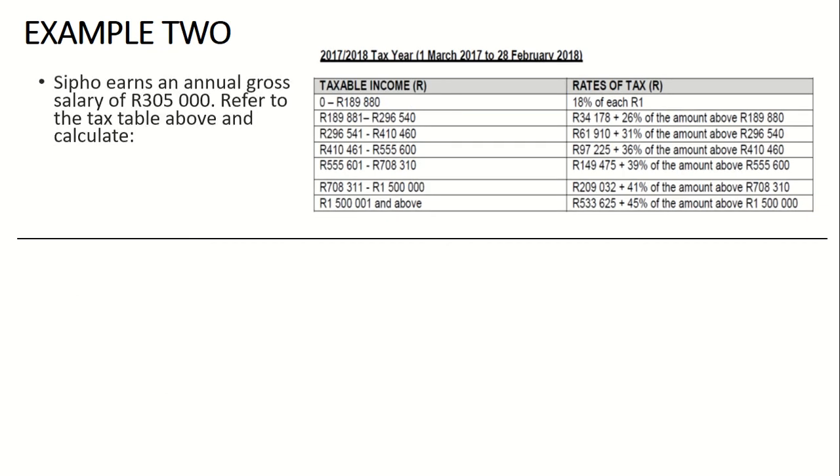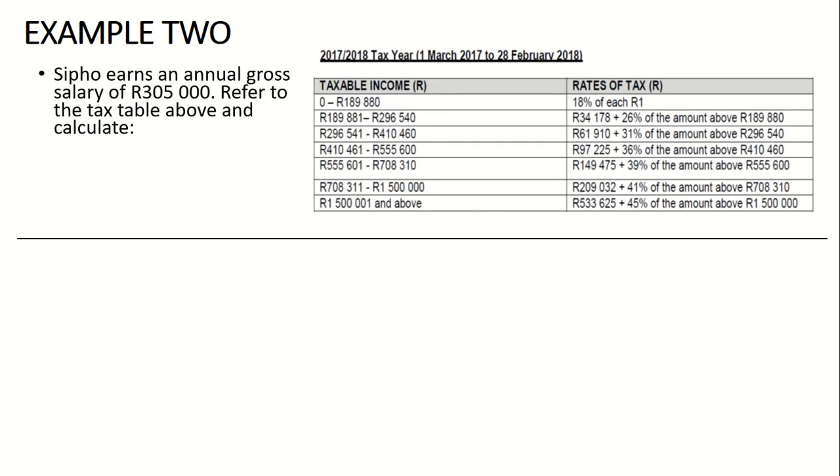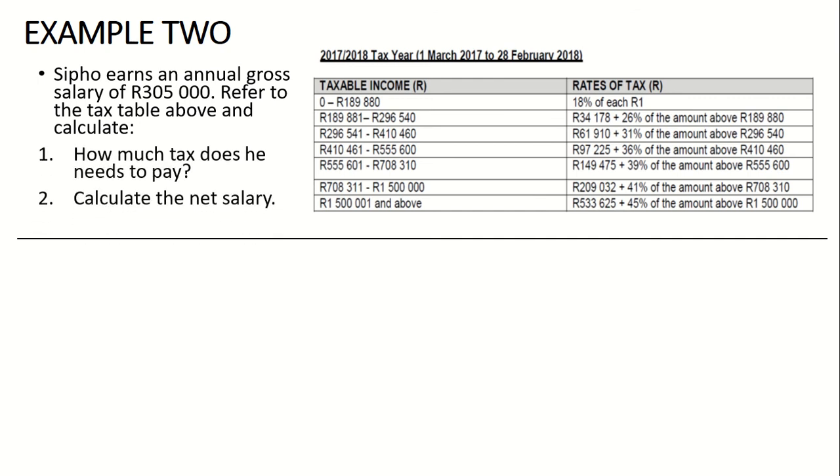Now, Sipho earns an annual gross salary of 305,000. Refer to the tax table above. Calculate the tax amount and the net salary. We'll have to determine the annual salary that Sipho earns, which is 305,000, and we will realize Sipho falls in that tax bracket because 305,000 is between 296,541 and 410,460.